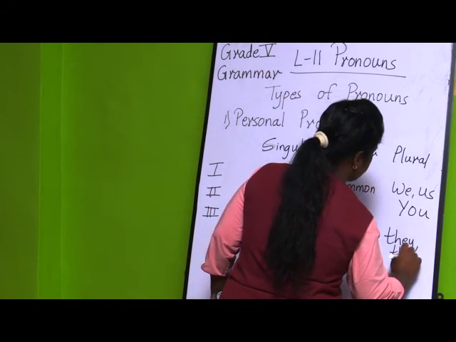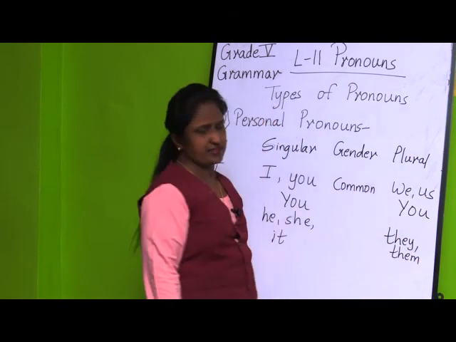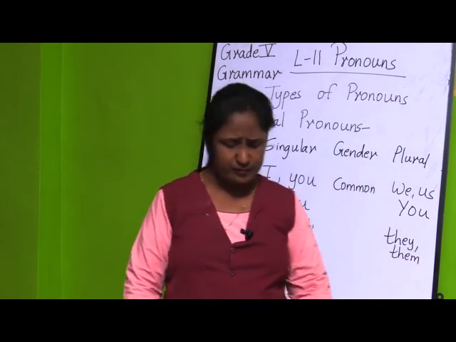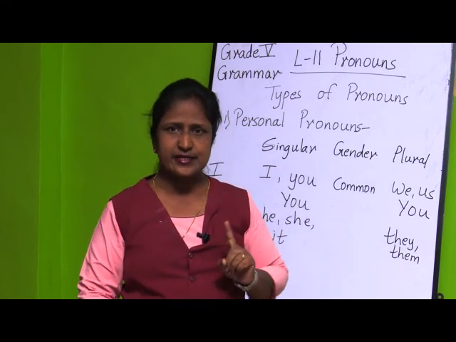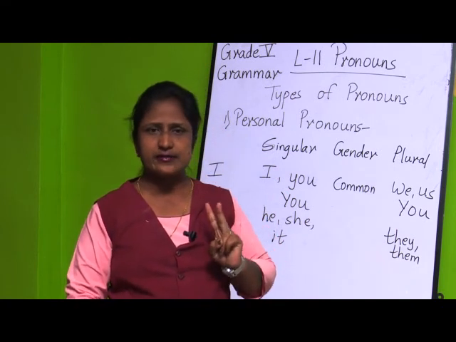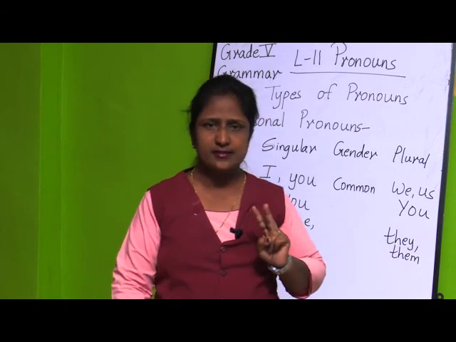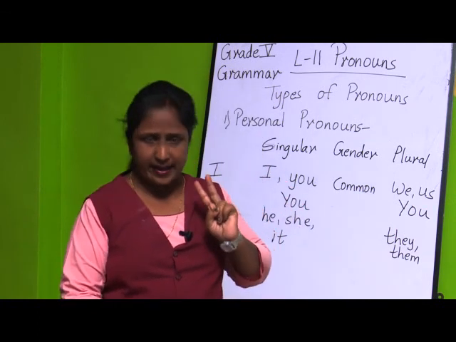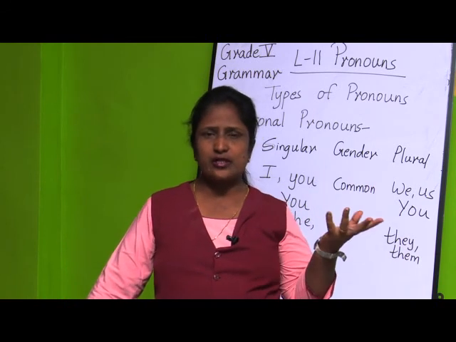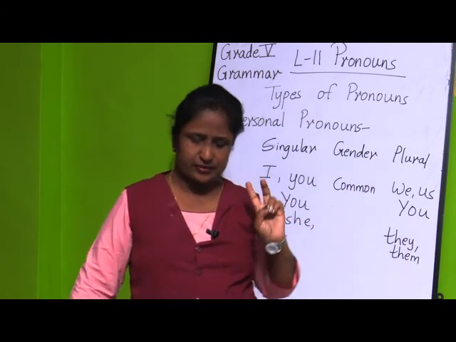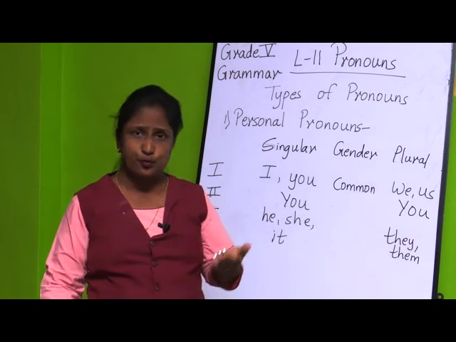So, these things we have seen in personal pronoun, that personal pronouns have the genders, that is first one is male gender, that is he, female gender, that is she, common gender, that is I and you, and neuter gender it is it. Okay, neuter gender means non-living thing or animal. That was about gender.